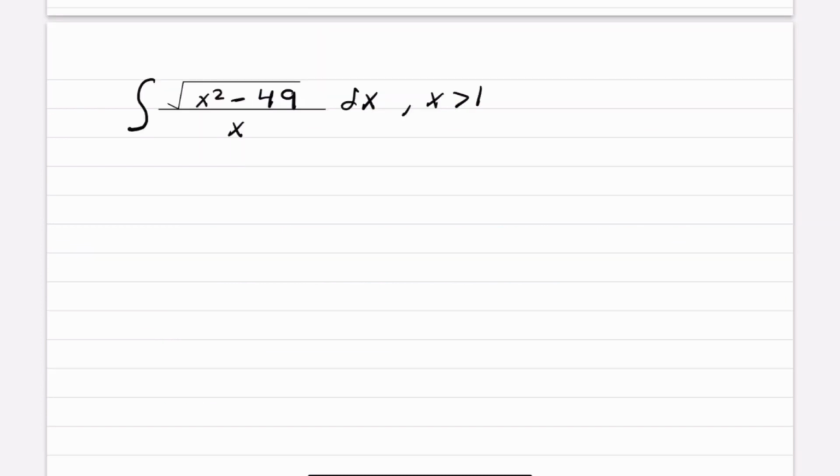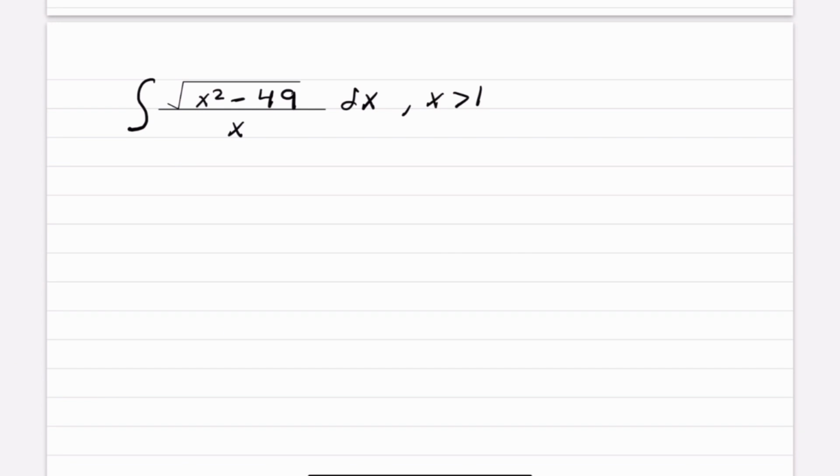Let us look at our first example. After I work this problem, I will show you a shortcut for solving integrals using trig substitution. So be sure to stick around until the very end. Here we have the integral of the square root of x squared minus 49 over x dx, where x is greater than 1.